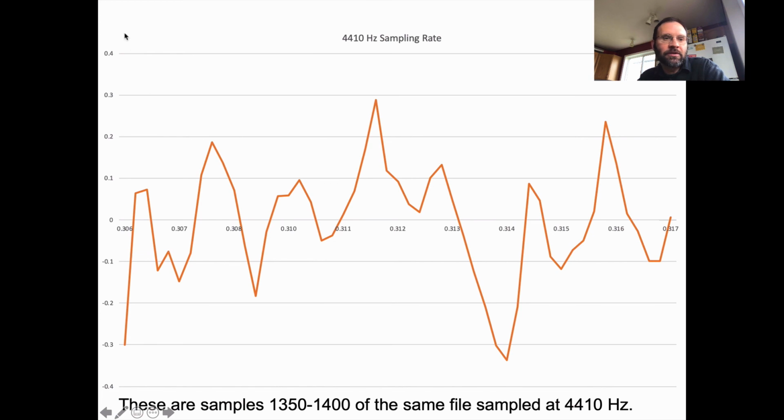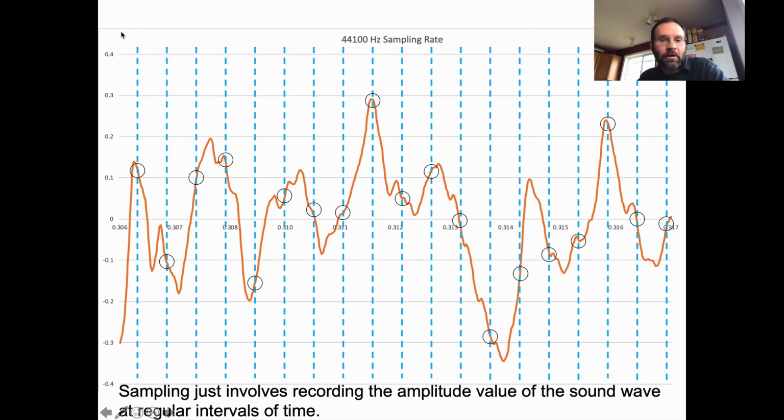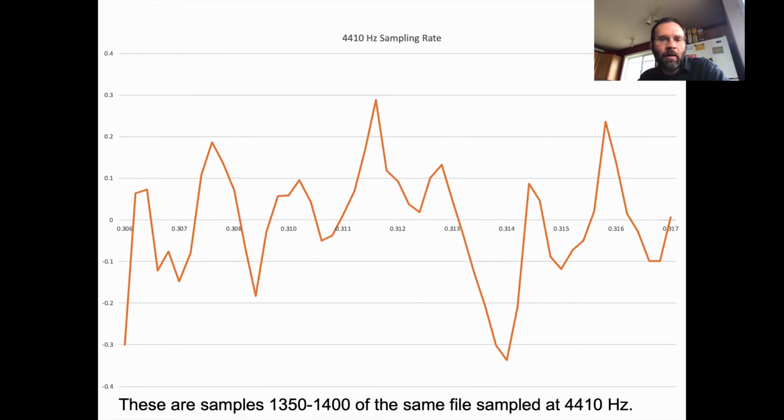It looks fairly similar, just not as fleshed out. So this is not doing that bad of a job of representing the sound. It's the same exact sound, just sampled at a different rate. So yes, you lose some information.